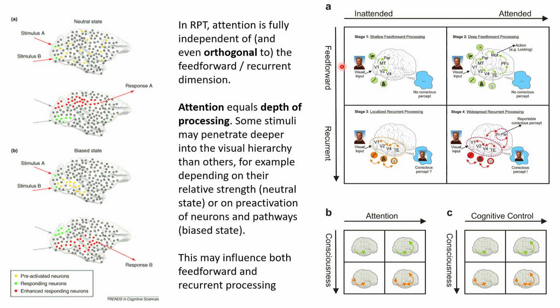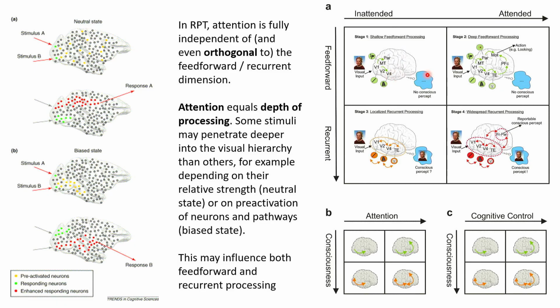Because in this definition of how things work, attention is merely seen as depth of processing. So both in the feed-forward sense and in the recurrent sense, you have either shallow or deep processing. Shallow feed-forward processing would be processing which is limited to, say, visual areas.